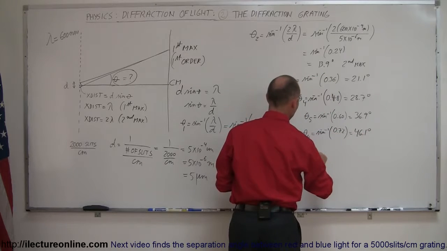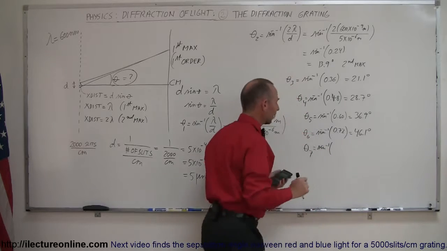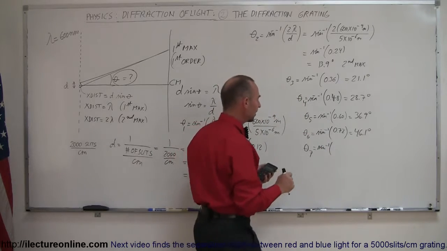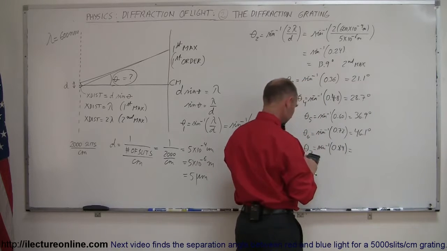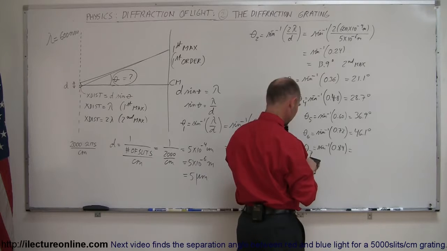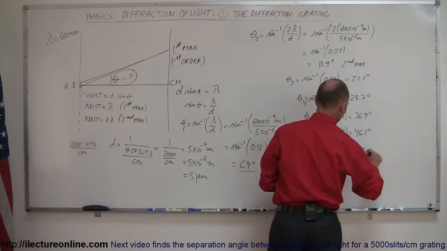Then theta sub 7 is equal to the arc sine of 7 lambda divided by d, that would be 0.84. Take the arc sine of that, that would be 57.1 degrees.